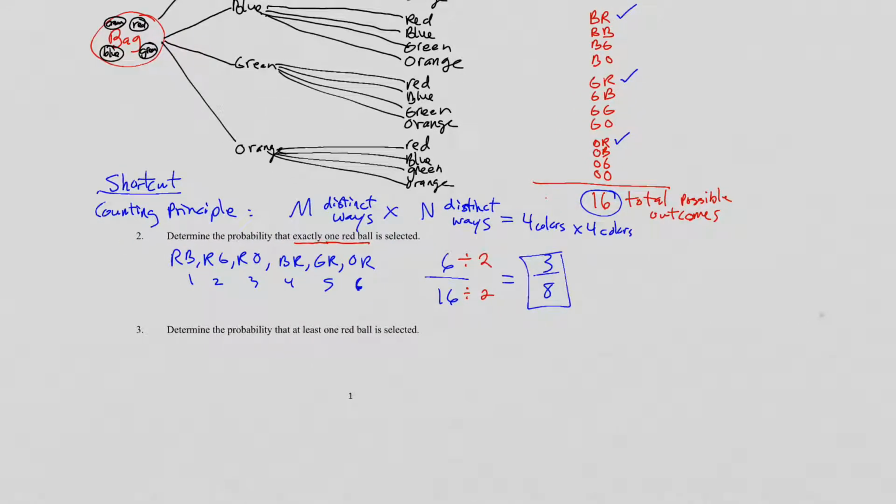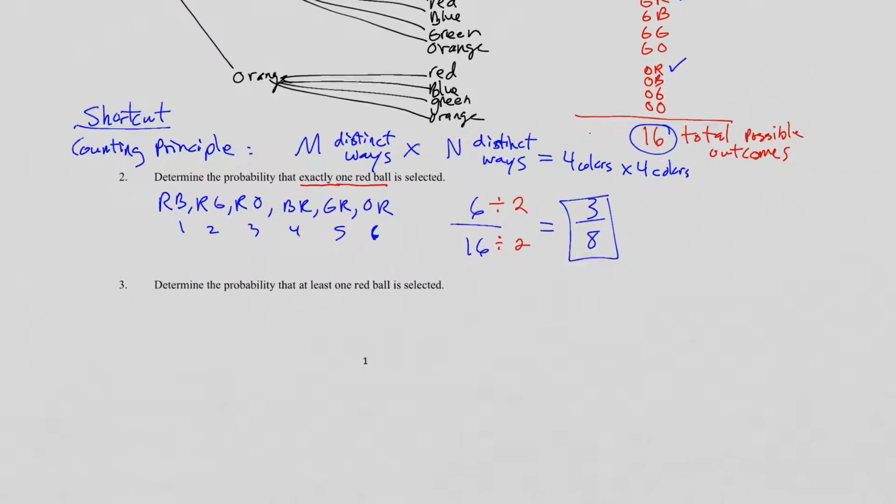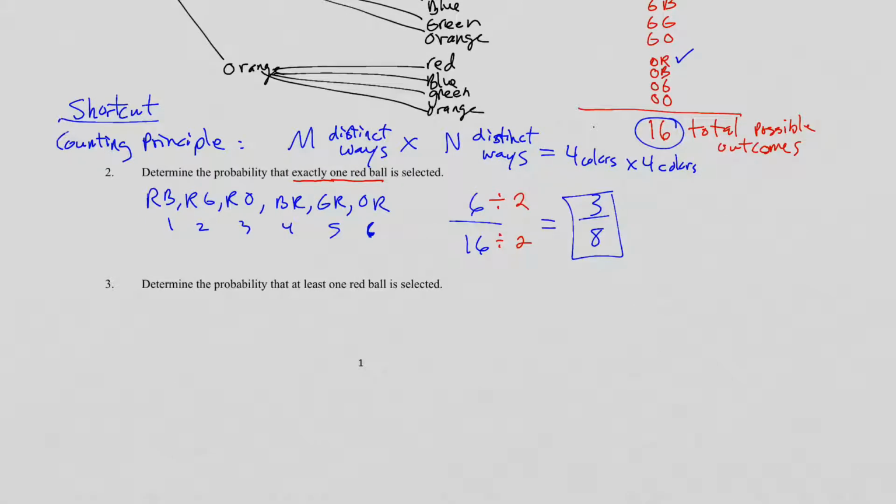All right, let's take a look at the probability of at least 1 red ball. For at least 1 red ball, we have the list up above in number 1.